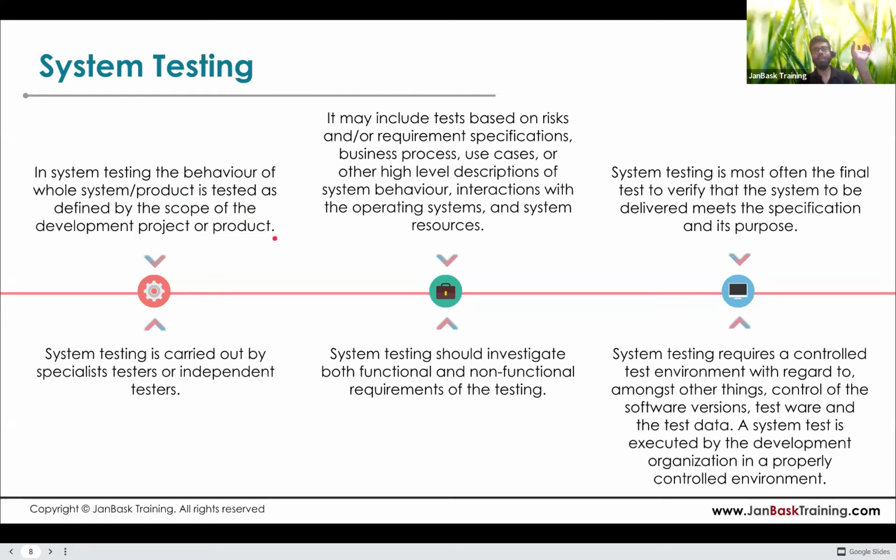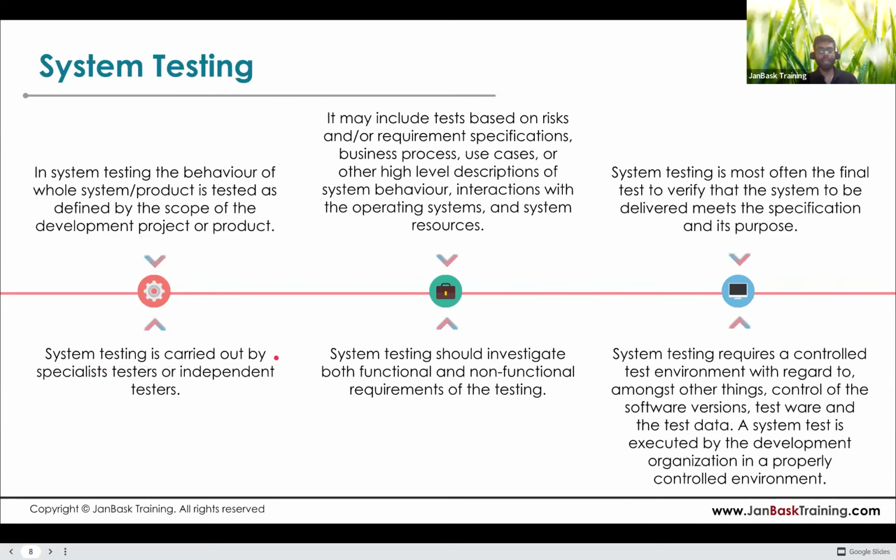If I remember correctly, the requirement analysis was mapped with the system testing, because when we do the system testing, we look at whether the requirement of the customer is getting fulfilled or not through our system, through our software. So that is basically tested in the system testing. We test according to the requirement specification.